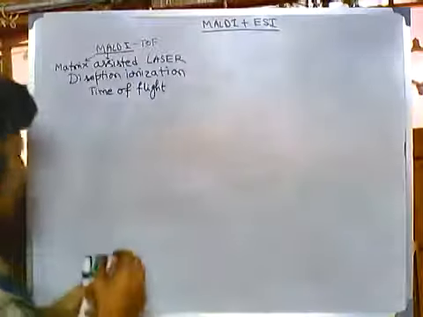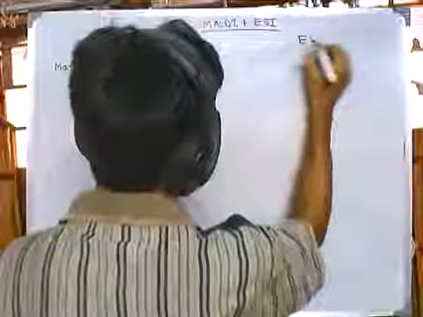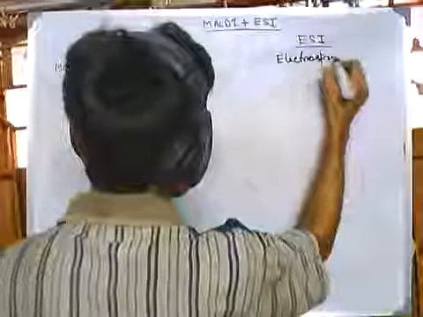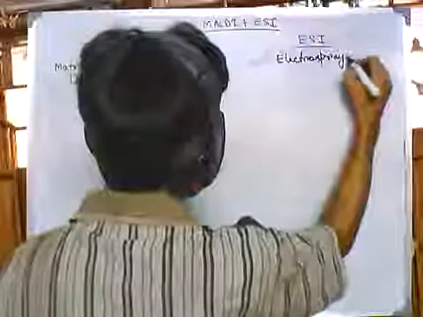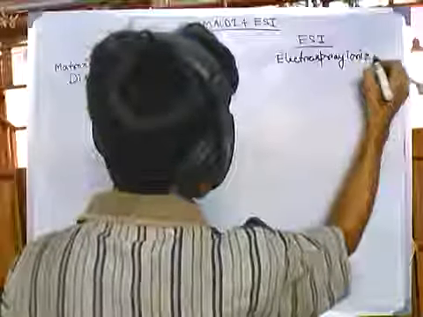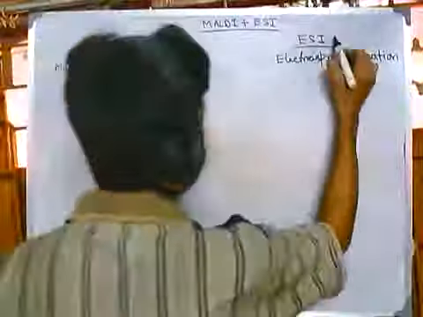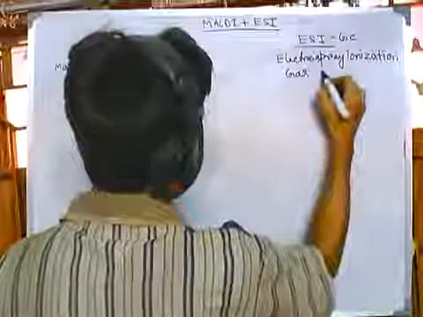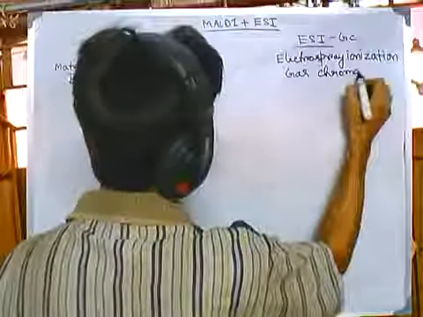Now, the varying thing in the case of MALDI or ESI, and if I write ESI here, the full form of ESI is electrospray ionization. Sometimes GC is attached to it, which is gas chromatography.